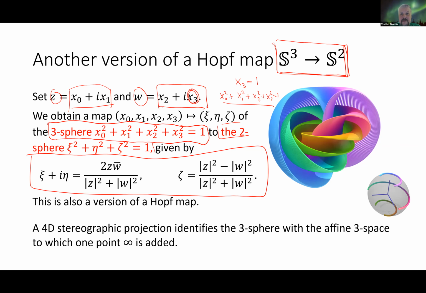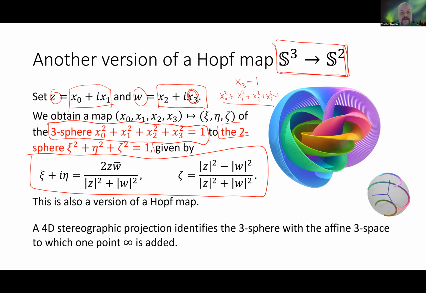So it may seem hard to visualize the three sphere, because this is an object in the four-dimensional space, and it's hard to imagine four-dimensional space. On the other hand, the things are not so hard, because similarly to representing a two-dimensional sphere as just a plane plus a single point at infinity, this we can do by means of a stereographic projection.